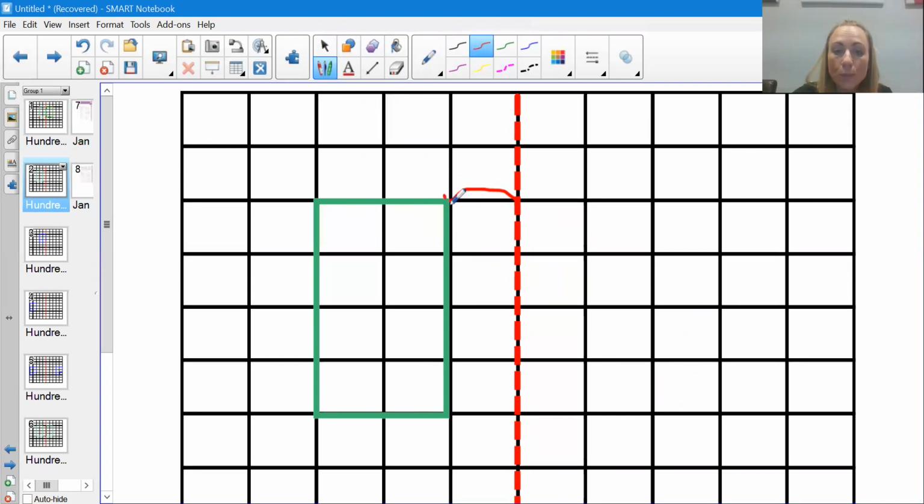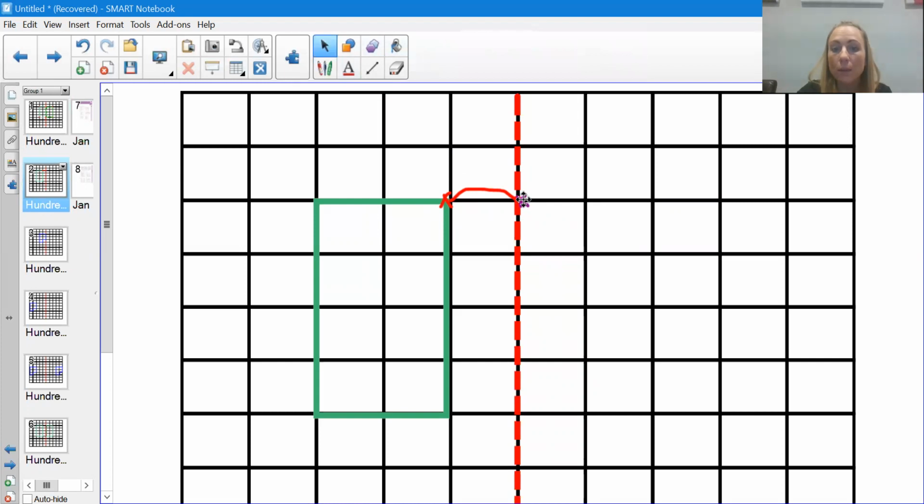So when I'm drawing this point, I need to make sure that this point is 1 square away from the mirror line. A mistake that can sometimes be made is people will start drawing it from here. That isn't right. I can't start drawing it from there, because then it would not be reflected, because it would not be the same distance.